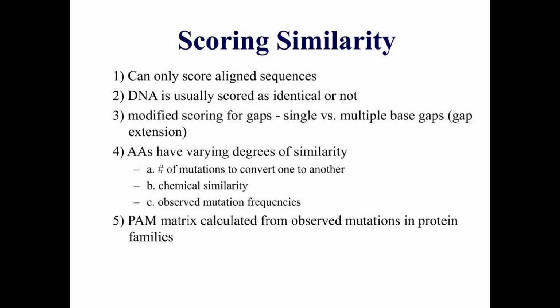And the observed mutation frequency, how many times a particular amino acid is conserved, or how many times a particular amino acid keeps on changing, is also taken into consideration. The PAM matrix is calculated from the observed mutations in the protein family.